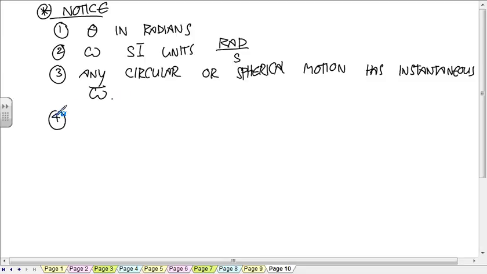And fourth, this is maybe the first case in this class where we see an important difference between what happens in 2D and 3D. So angular velocity is easy to define in 2D.